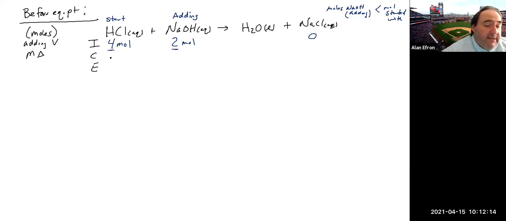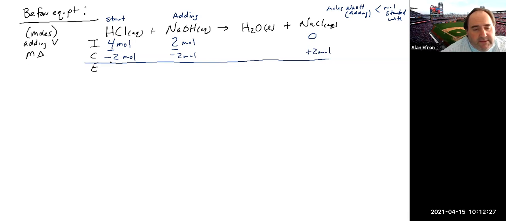So the change that would occur here would be the smaller number, which is minus 2 moles in this example. Minus 2 moles, plus 2 moles. That means when we reach equilibrium, we have 2 moles of this one, none of that one, like the limiting reagent, and 2 moles of this one. First off, any questions on the table here?